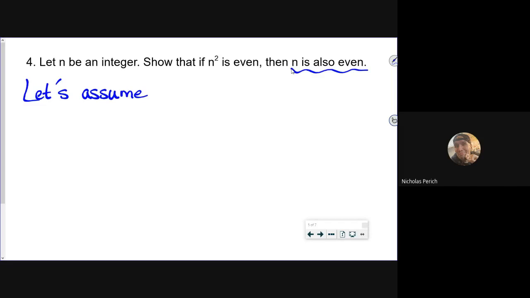Let's assume n is odd. Let's try a specific number. Give me a specific odd number.